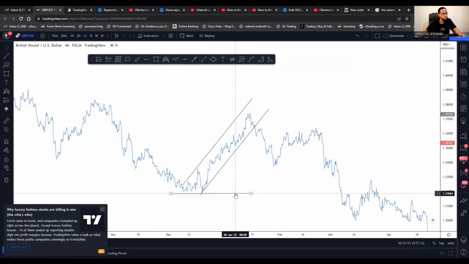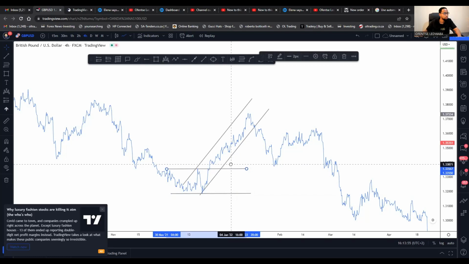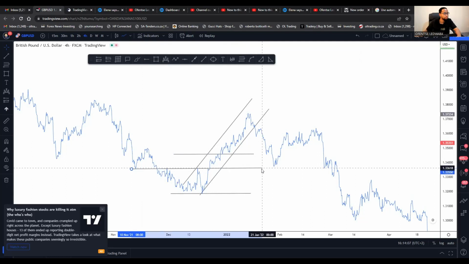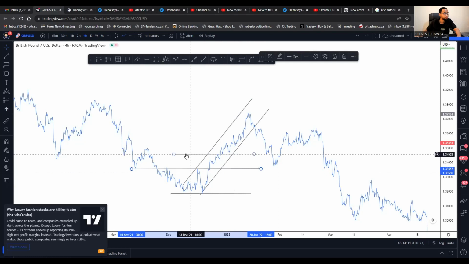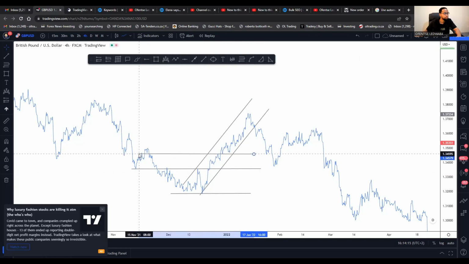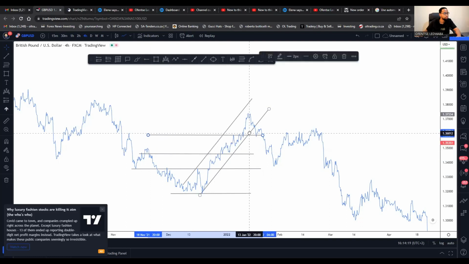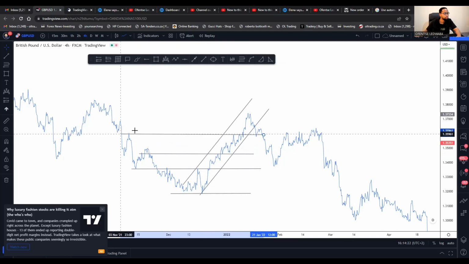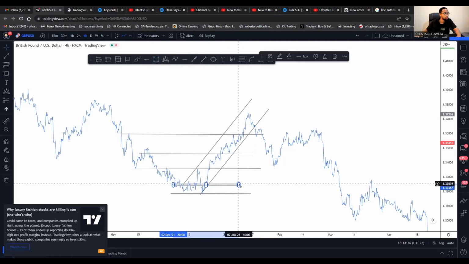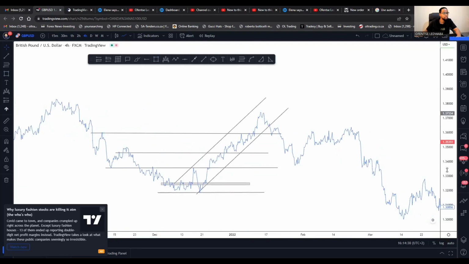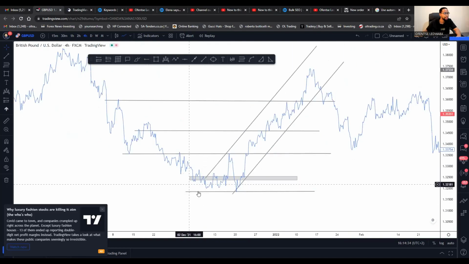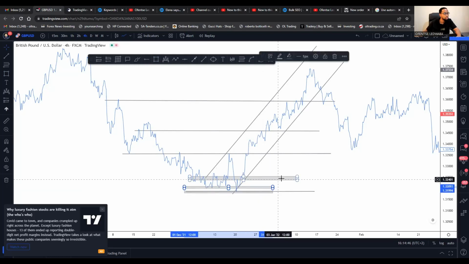And we prepare this zone here. Because now you can see we were at the lowest point here, but then at the break, we came back to retest this level. Around here.